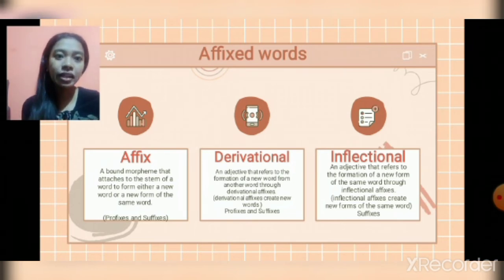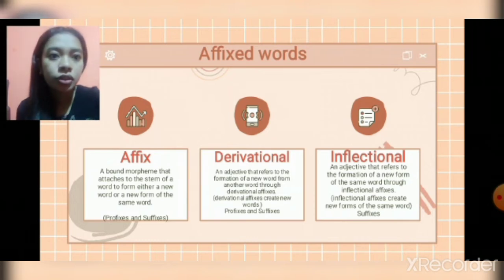It means that derivational affixes create new words, while inflectional is an adjective that refers to the formation of a new form of the same word through inflectional affixes. It means that inflectional affixes create new forms of the same word.